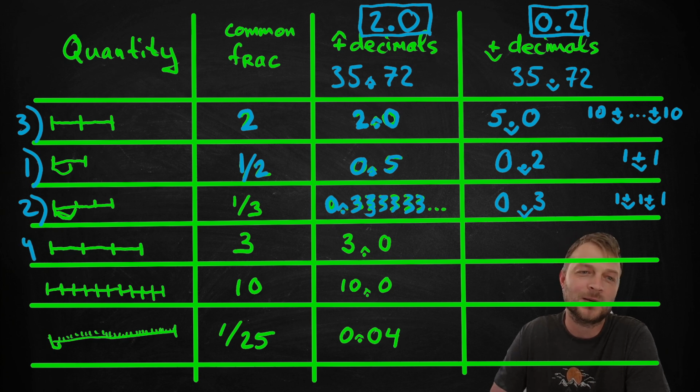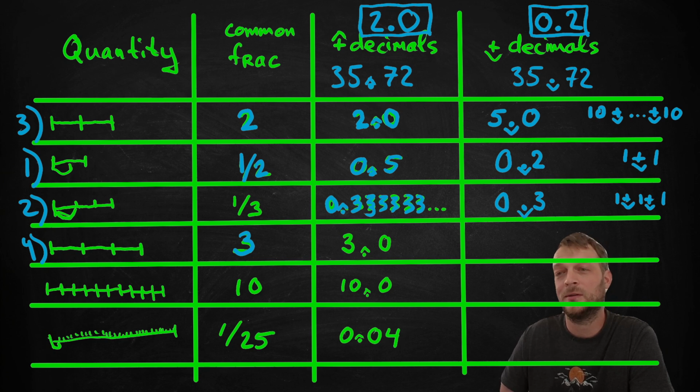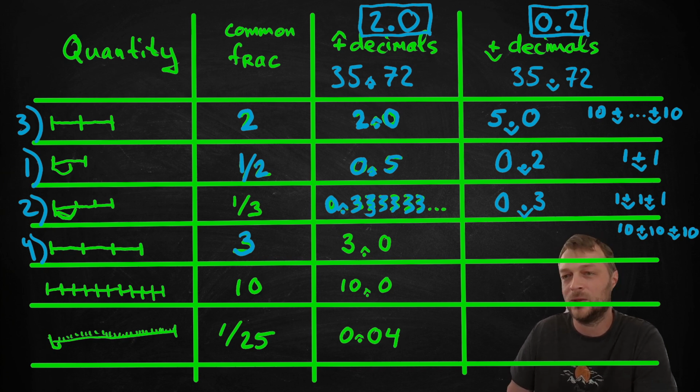Let's check what the representation is for 3. Same rationale: 3 is very close to 10 plus 10 plus 10, but it's not 10 plus 10 plus 10, which is 10 over 3.